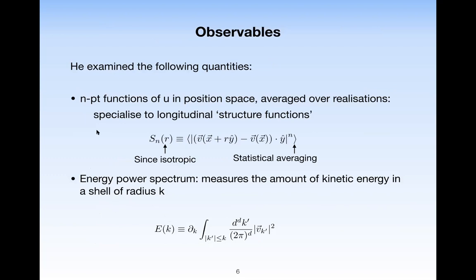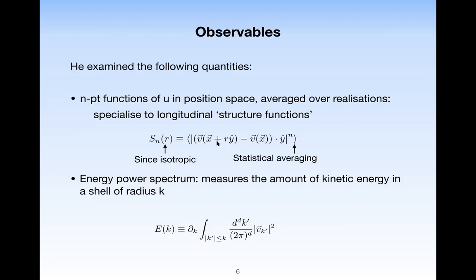On the one hand, he was interested in n-point functions of the velocity field in position space, but he wasn't interested in any such correlations. In fact, he focused on the so-called longitudinal structure functions, which here I denote by Sn. So the way to compute this is the following. You take the velocity at some point P1, and then you take the velocity at some other point P2.